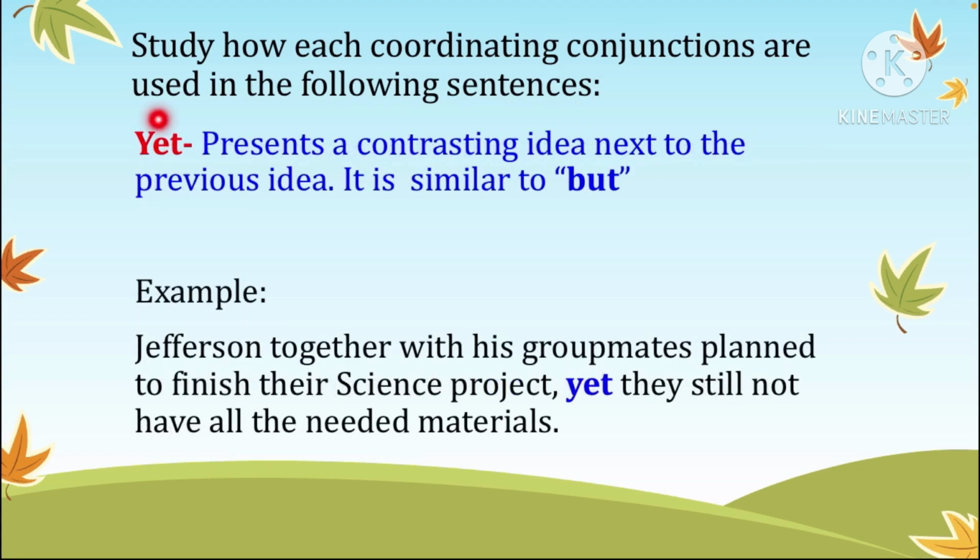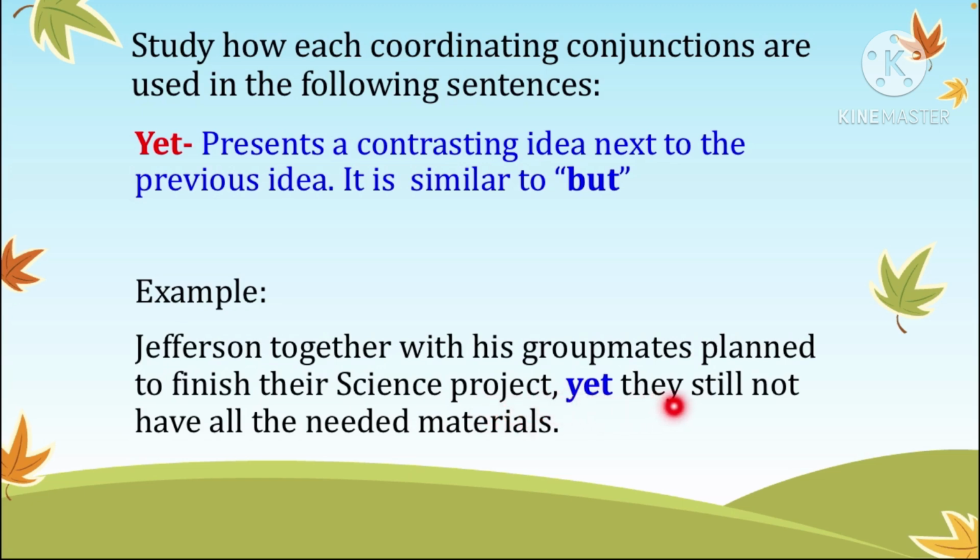Next is the coordinating conjunction yet. Yet presents a contrasting idea next to the previous idea. It is similar to the word but. Example: Jefferson, together with his groupmates, planned to finish their science project.